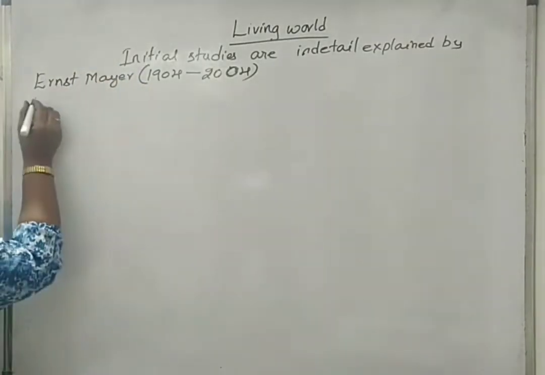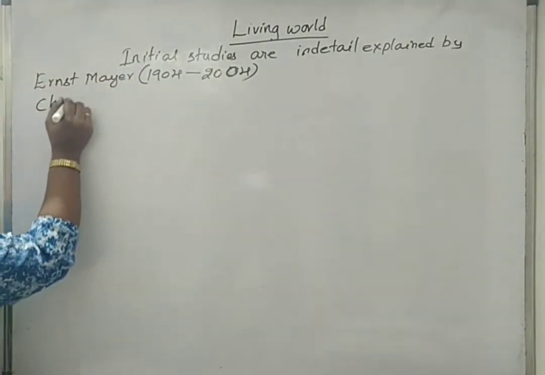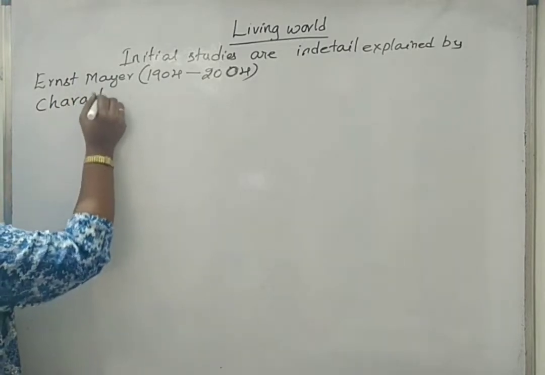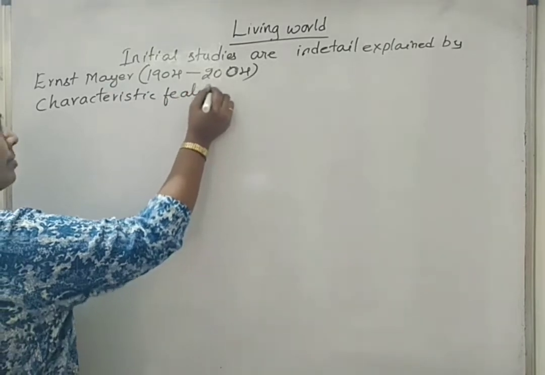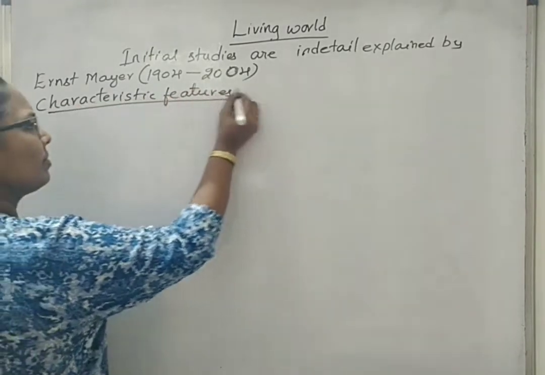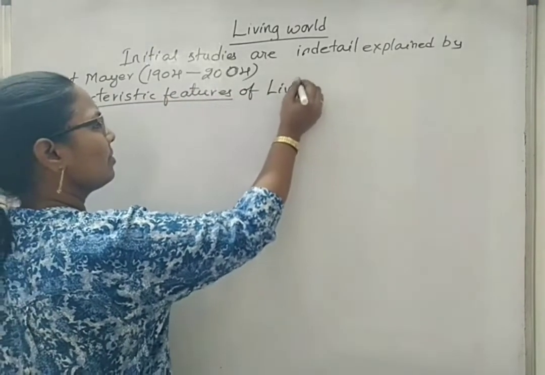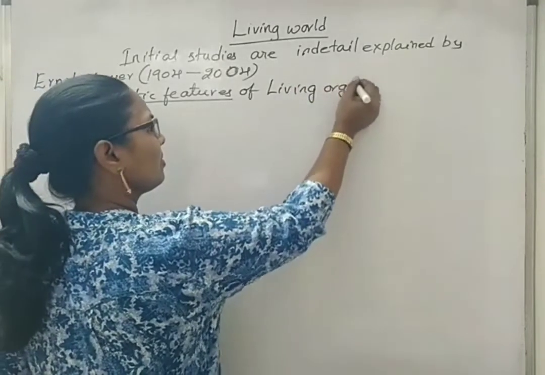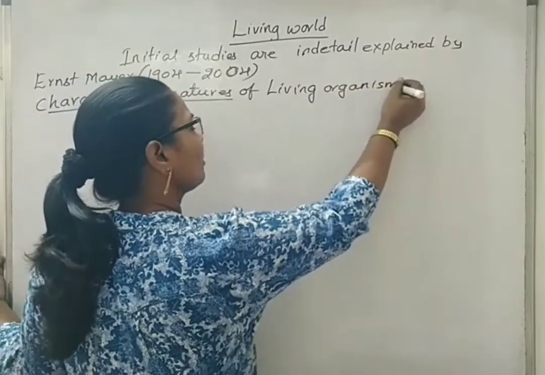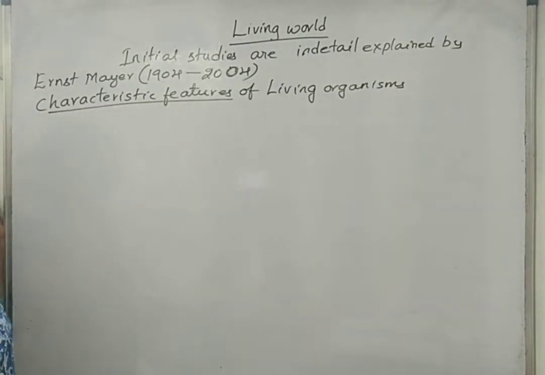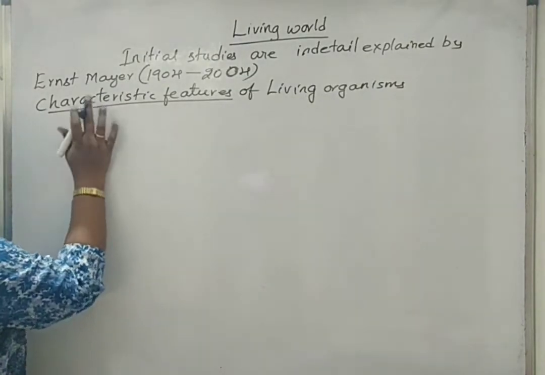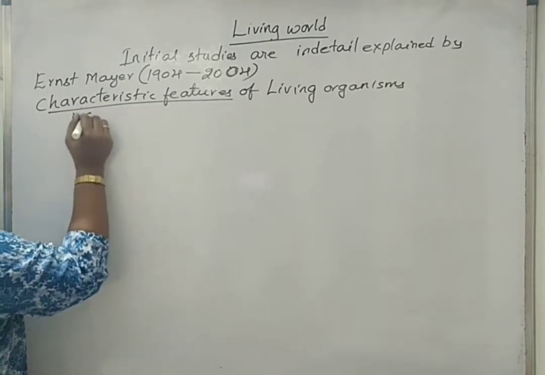Coming to the other important concept, that is characteristic features of living organisms. We will see there are nearly 6 to 7 characteristic features. We will see a few which are very important here. First one will be growth.